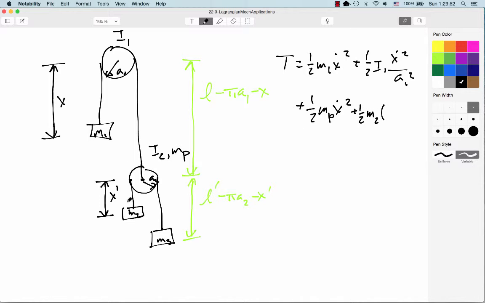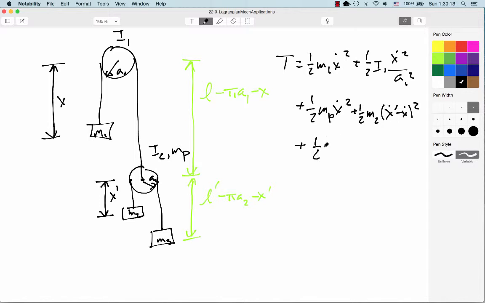Now m2 is going to be moving at x prime dot, sorry, minus x dot. So x prime dot minus x dot squared, and mass 3 will be with a plus sign.